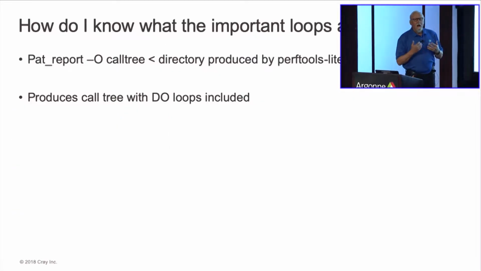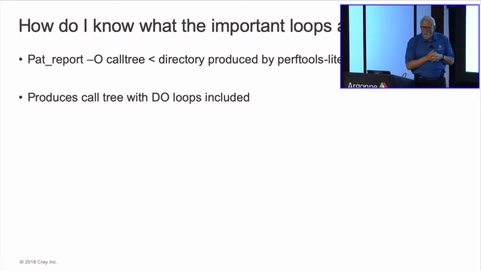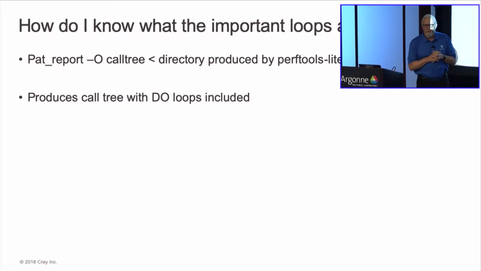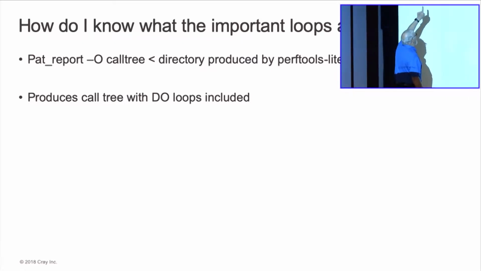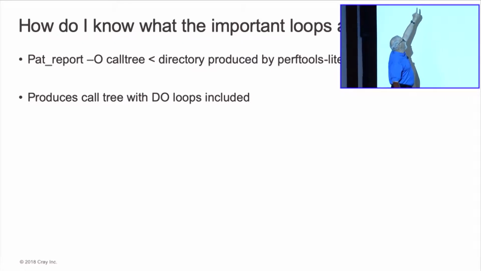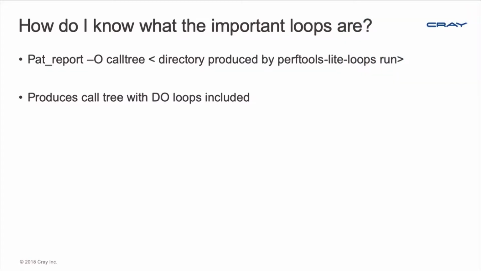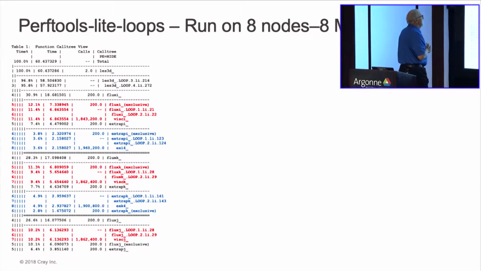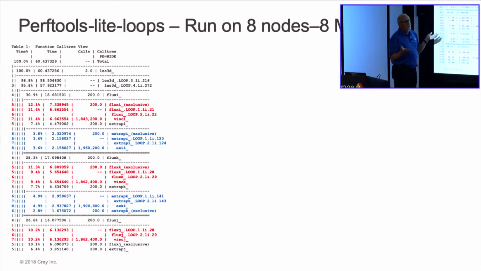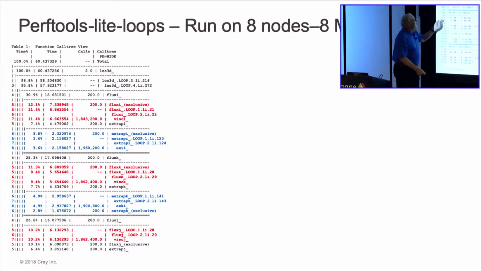So how do I find out what the most important loops really are? Well, what I'm going to do is a pat_report -O calltree on that statistics file generated by Perftools-lite-loops. All right, now, you're supposed to say, oh my God, that's wonderful.